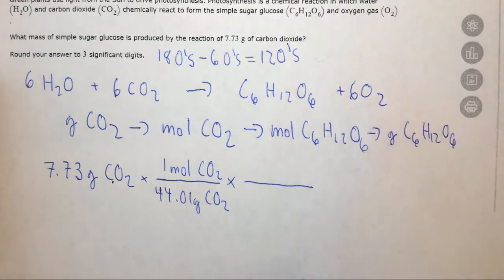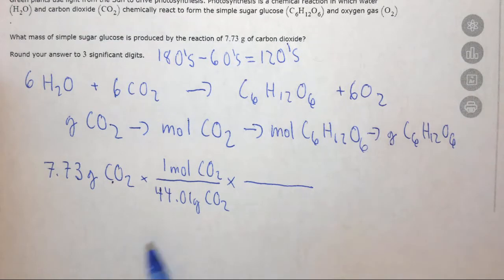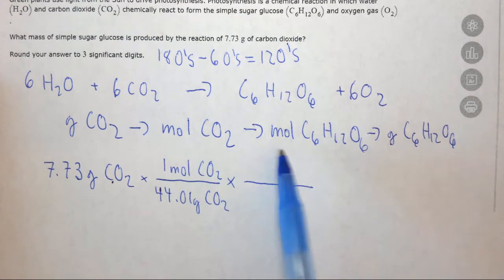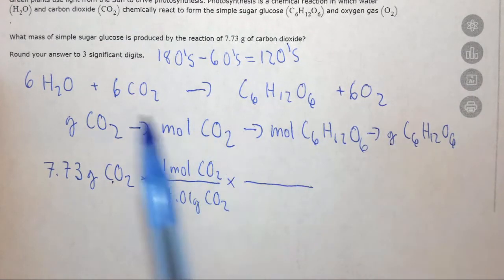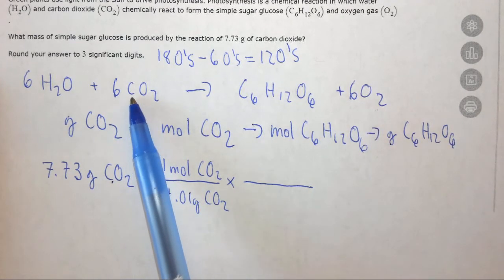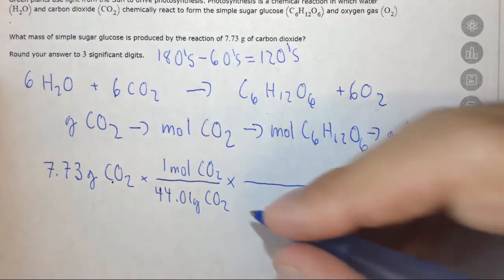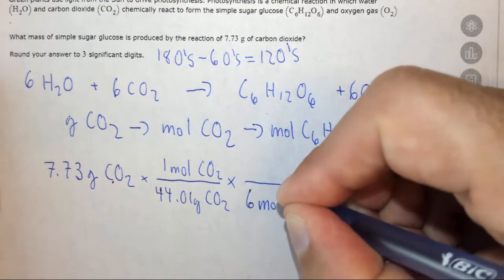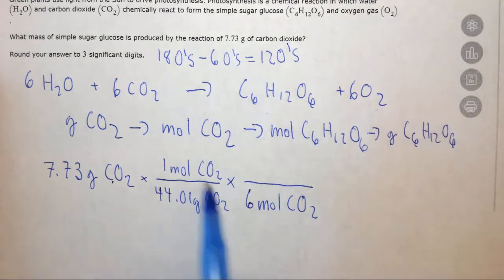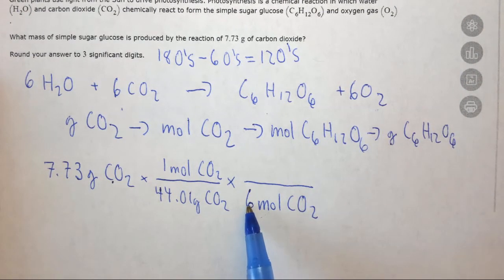Times. We now want to figure out how many moles of glucose we can make with our moles of carbon dioxide. And for that we have the balanced chemical equation. For every 6 moles of carbon dioxide we react, we make 1 mole of glucose. So on the bottom, we put 6 moles of carbon dioxide. 6 is the stoichiometric coefficient, so that's where that came from.